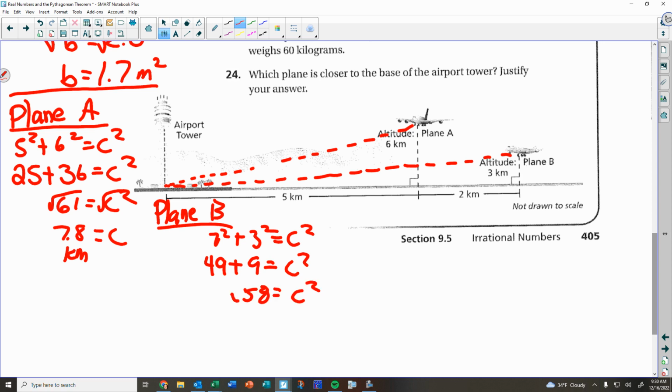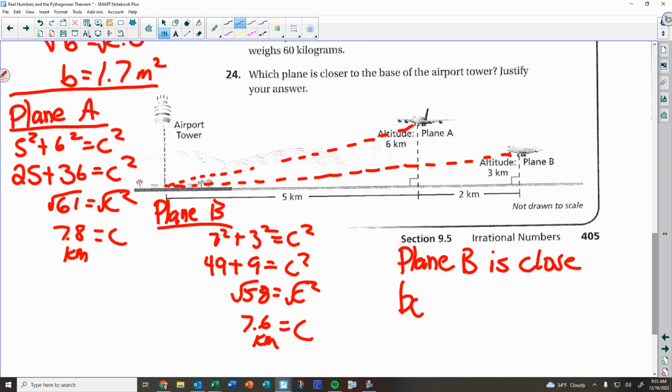When you square root both sides, c is about 7.6 kilometers. So who is actually closer? Plane B is, because the square root of 61 is greater than the square root of 58. 58 is a shorter distance. Even though it looks further away visually, it's close to the ground. It's going to land faster and get to the tower faster.